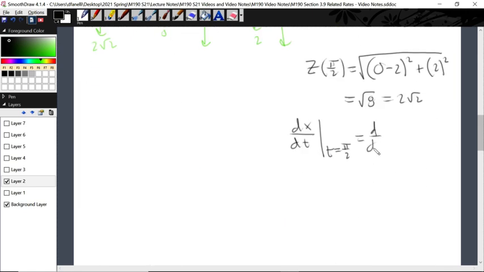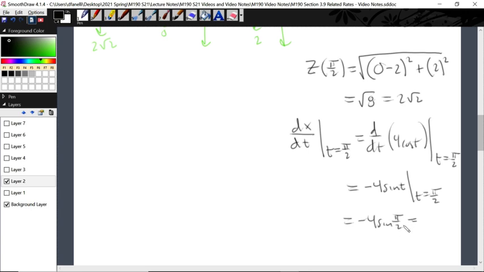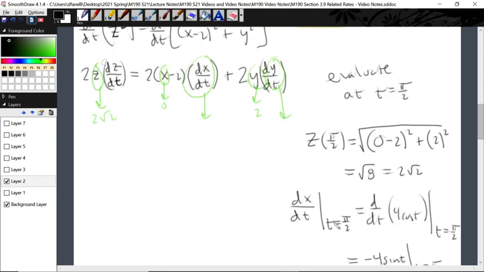We're going to take the derivative with respect to time of 4 cosine t and then evaluate that derivative at pi over 2. The derivative of 4 cosine t is negative 4 sine t, and evaluating at pi over 2 we get negative 4 times the sine of pi over 2. The sine of pi over 2 is equal to 1, so this quantity equals negative 4. So dx dt evaluated at pi over 2 is negative 4.